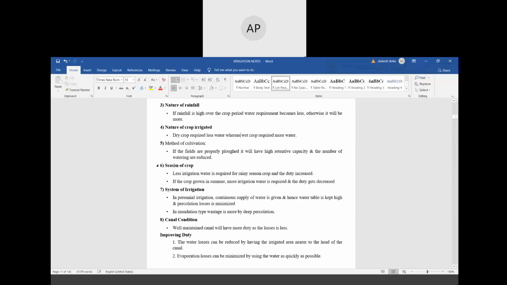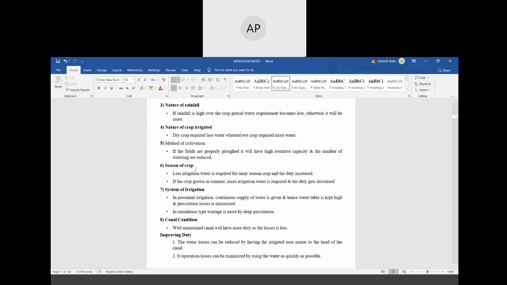And next is season of crop. Oh, sorry. Number 5 is method of cultivation. So, what is the method of cultivation? If the fields are properly prepared for cultivation, then it will have high retentive capacity and the number of waterings are reduced.